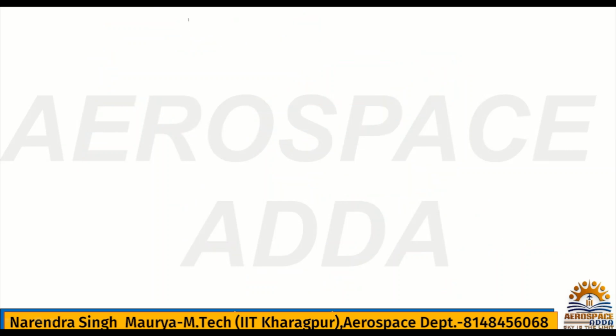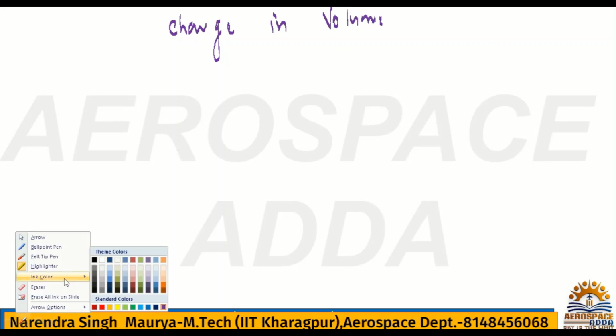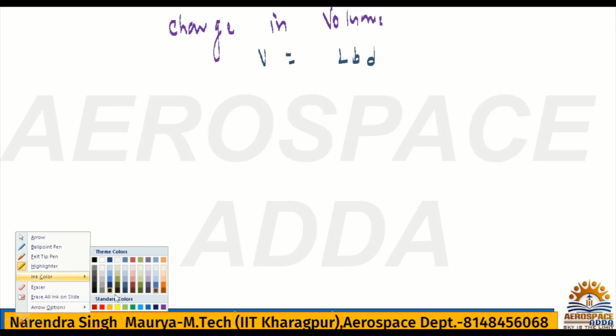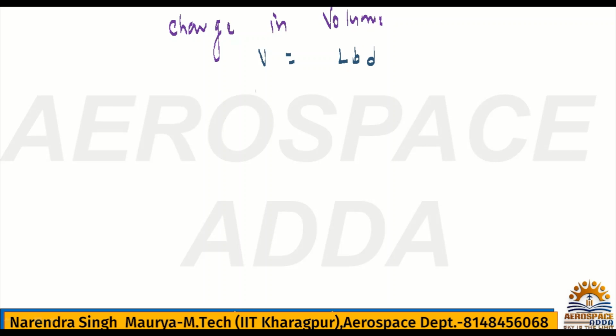Second, I just want to write the change in volume. Change in volume means delta V. So we have V is equal to LBD. Now what is delta V, which is nothing but change in volume? So how to get that change? Make two constant and one variable here.